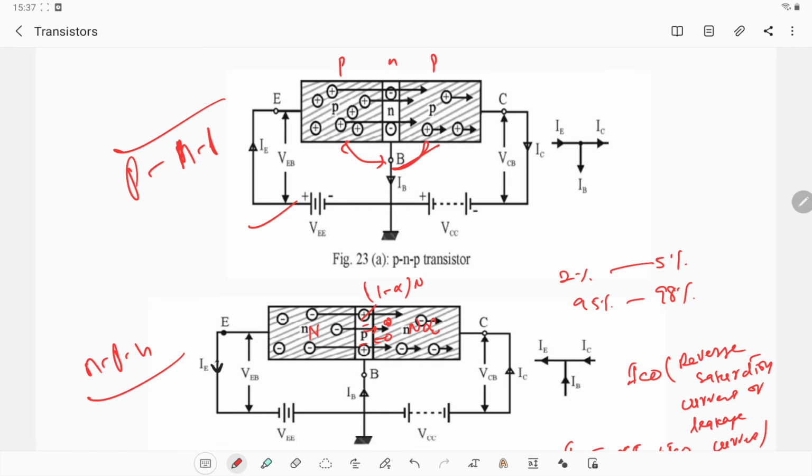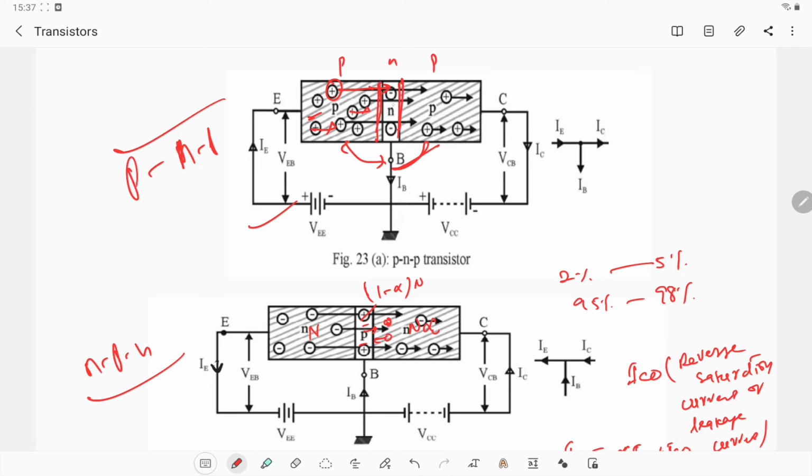In this case, P has majority charge carriers of holes. Therefore, holes having positive charge are repelled by the positive terminal and reach the base region. In the base, it is lightly doped, which means charge carriers are very, very few.